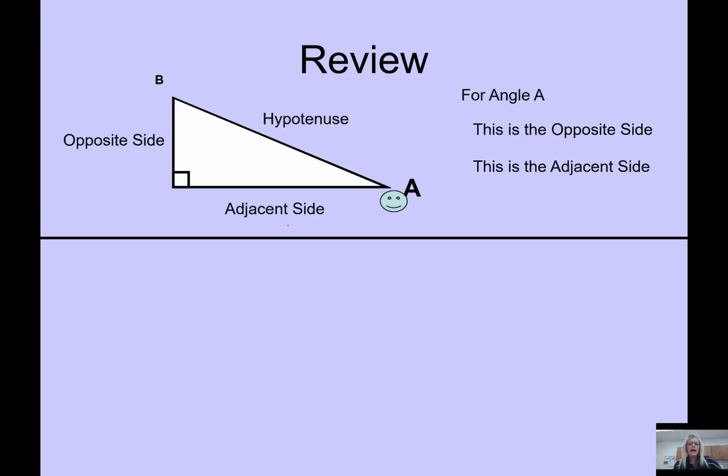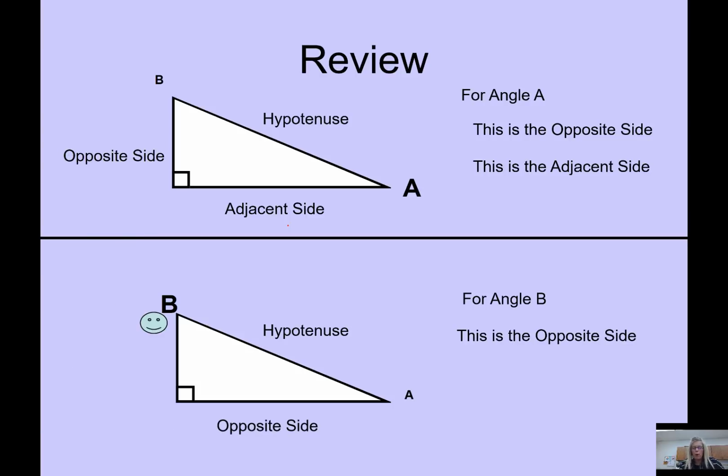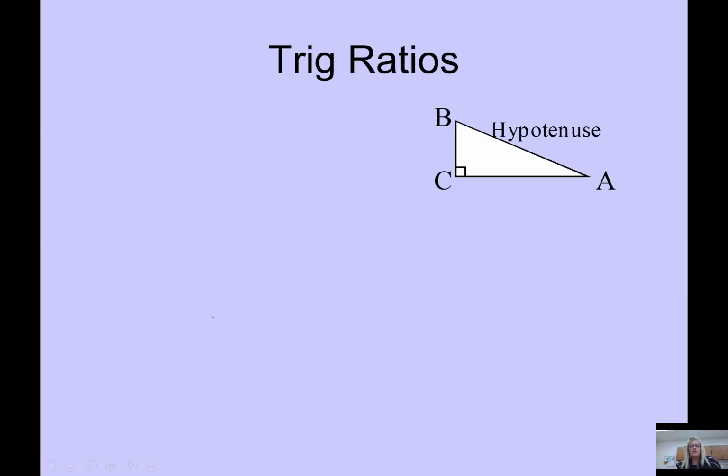Now what's going to happen if I move the angle that I'm talking about? For angle B, the opposite side now becomes the one down below. Again, if you cover up that angle, it's the side that you're not touching. The hypotenuse never changes.